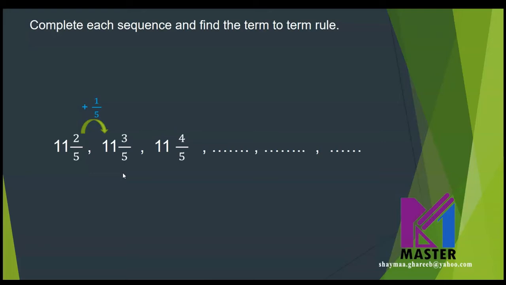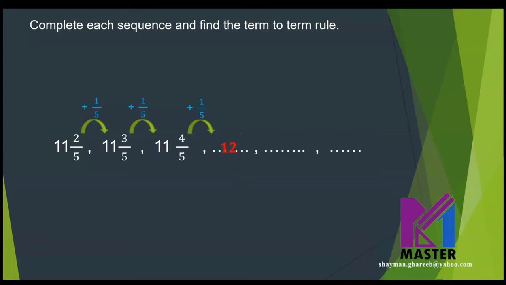So we added 1/5. And here 3/5 became 4/5. So we added 1/5. So when you add one more fifth to the 11 and 4/5, it will be 11 and 5/5, which is number 12.